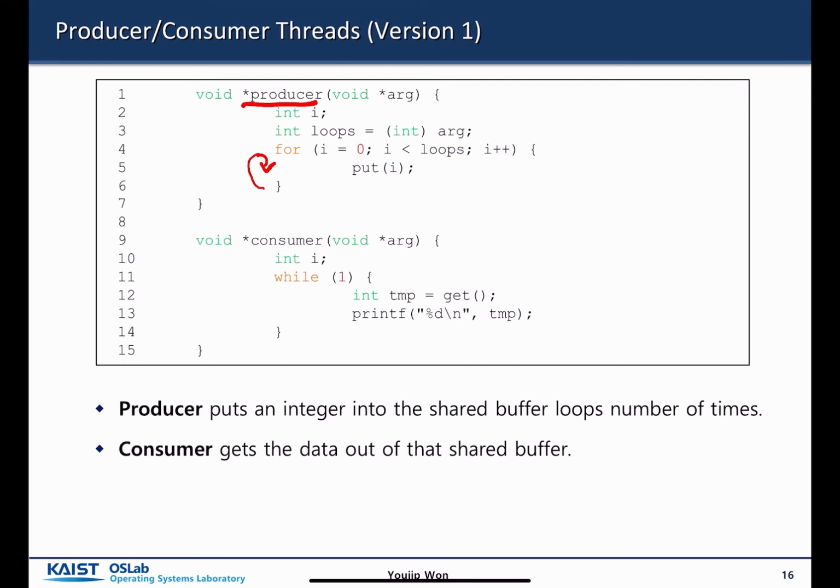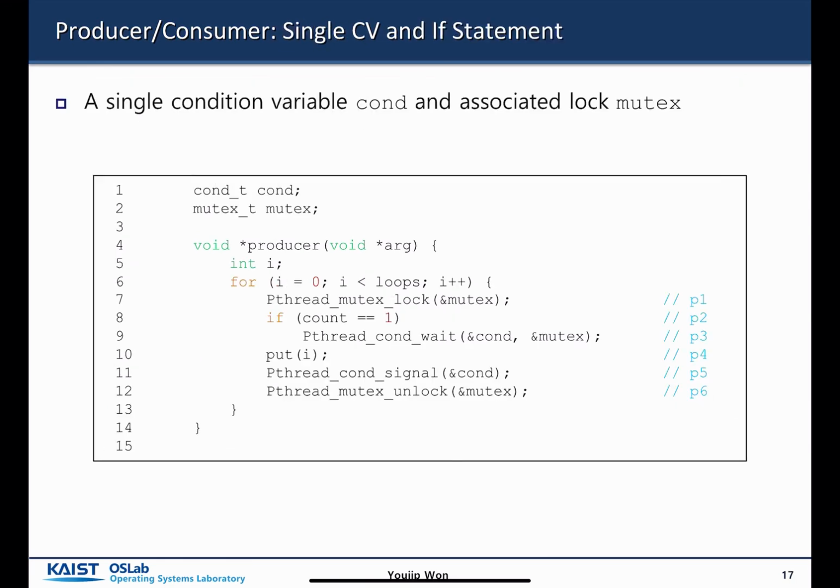The consumer thread reads the buffer as long as there is data in the buffer. So this is the first solution. Of course, this is broken, but this is the full solution for a producer and consumer relationship.